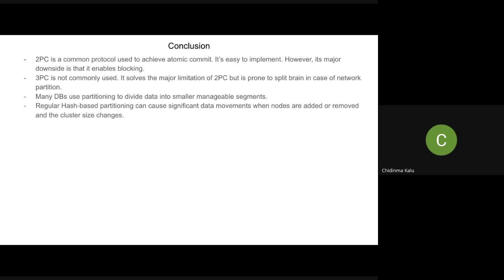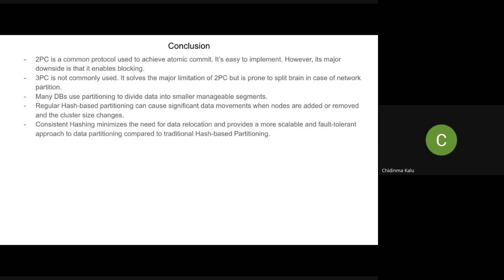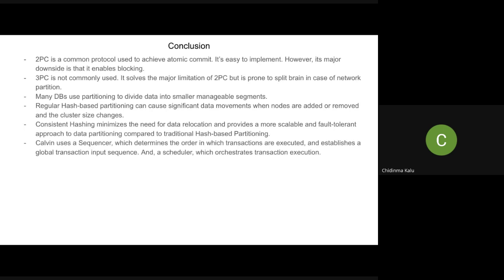How regular hash-based partitioning can cause significant data movement when nodes are added or removed and the cluster size changes. We also touched on consistent hashing, how it minimizes the need for data relocation and provides a more scalable and fault-tolerant approach to data partitioning.